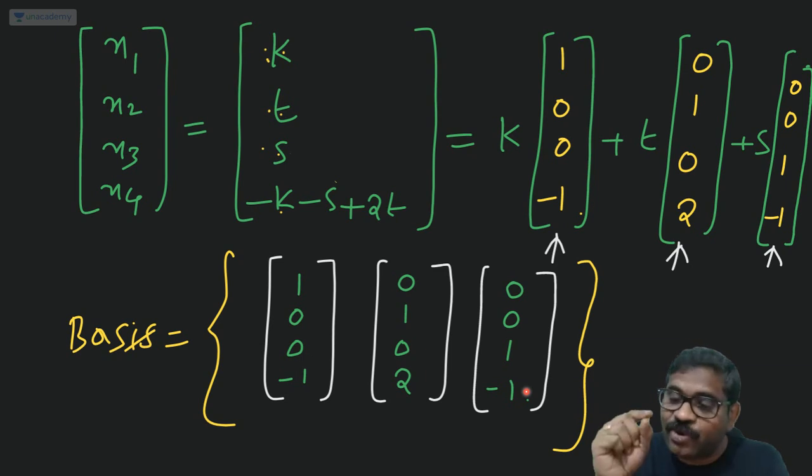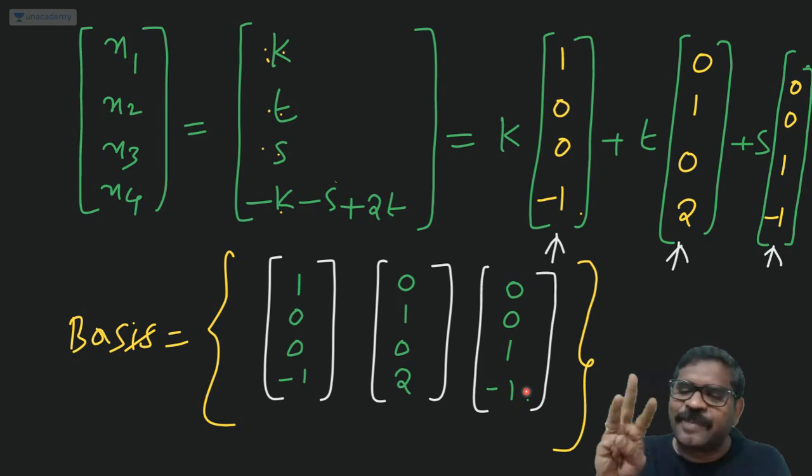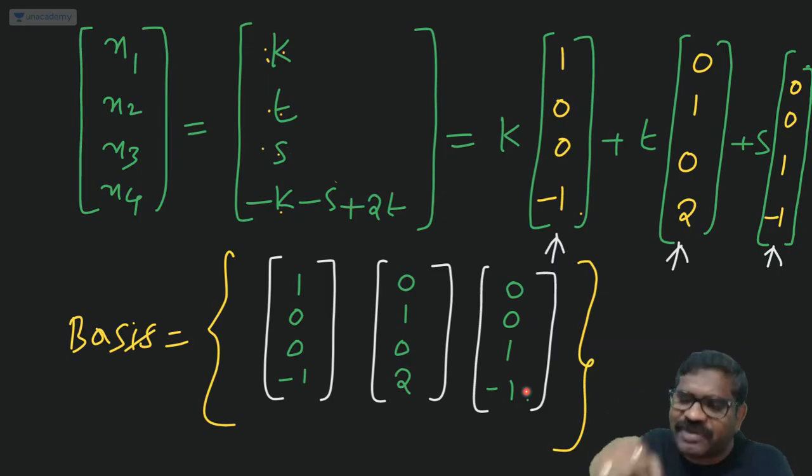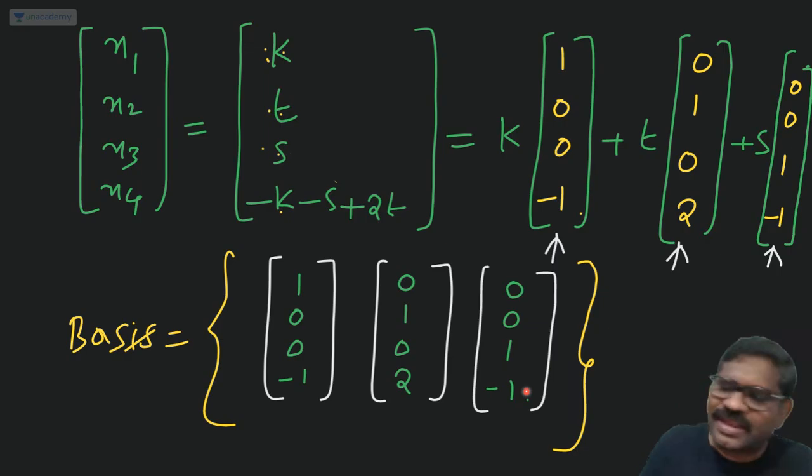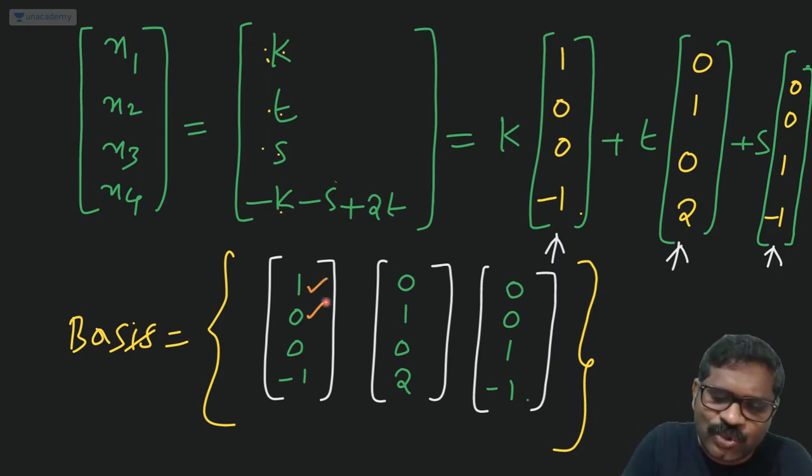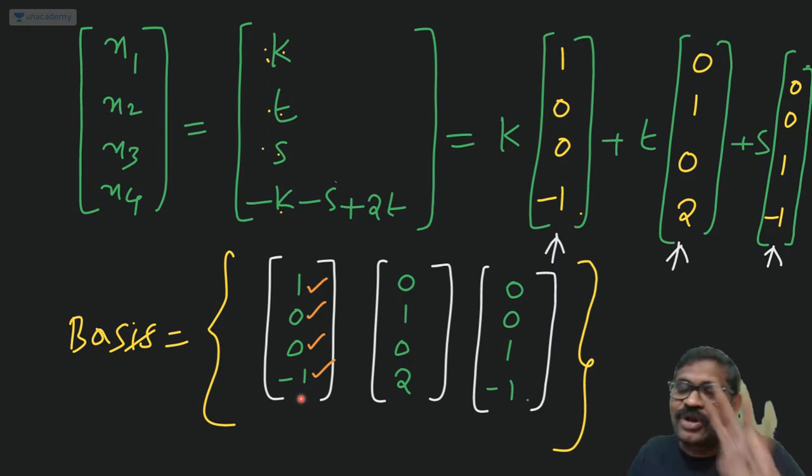Another point I have to clarify. This basis consists of only three independent vectors. Look at the vector. In each vector, how many components do you have? 1, 2, 3, 4. 4 components.